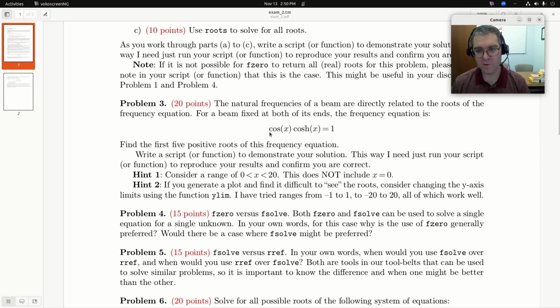fzero is going to iterate on values of x until it finds the value of x such that my expression evaluates to 0. It's varying the value of x until my error function returns a value of 0 corresponding to my solution. So I need to rearrange this equation. Rather than looking for when this is equal to 1, I want to look for when this minus 1 is equal to 0.